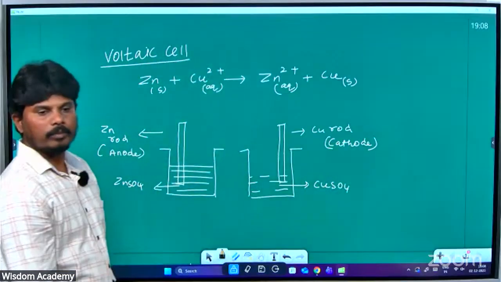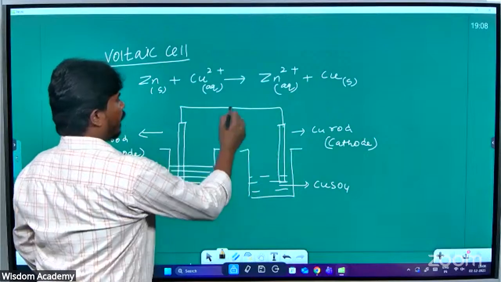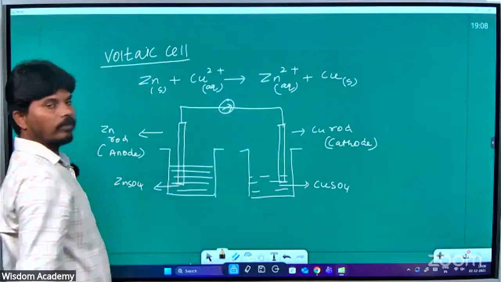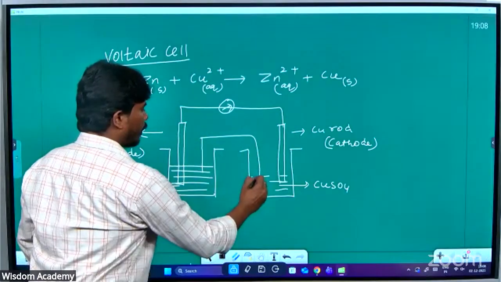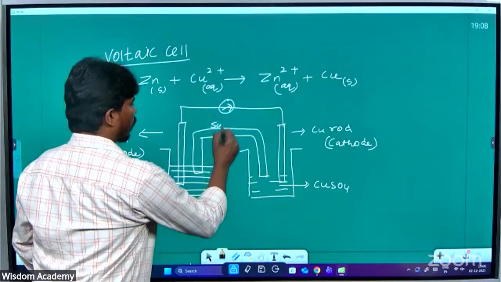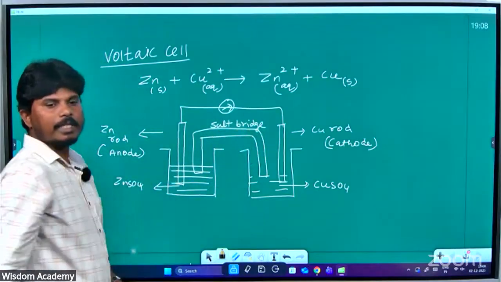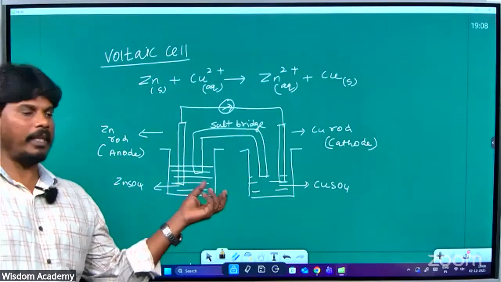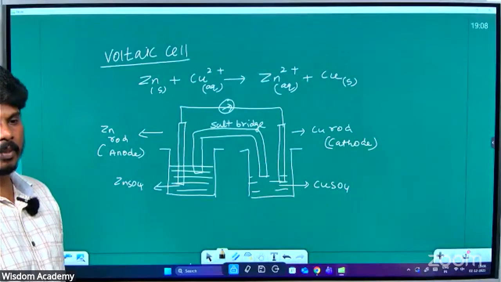Okay, listen. These two electrodes are connected externally, and the solutions are connected by a salt bridge. What did we say last class about the salt bridge? What is the role of the salt bridge?